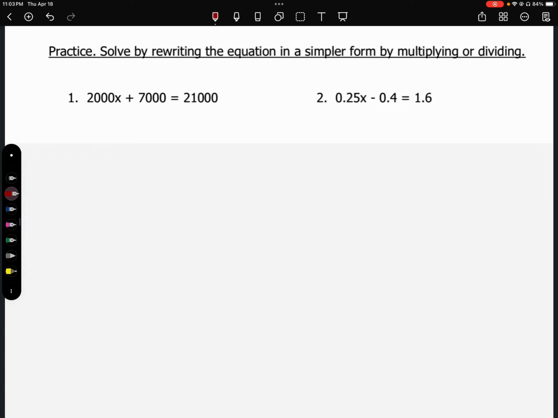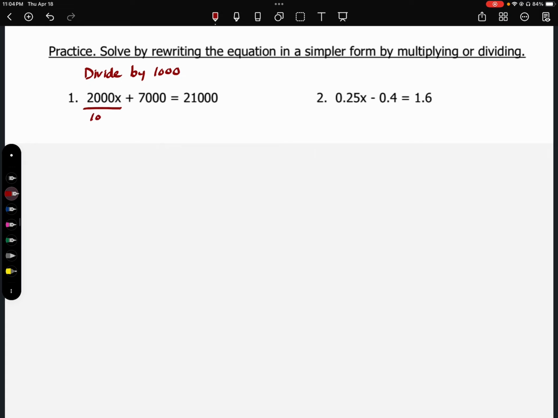All right, so number 1, I have 2000x plus 7000 equals 21,000. In order to make these a little bit simpler, we can see they both end with 3 zeros. Let's divide everything by 1,000 maybe, and see what it looks like after that.